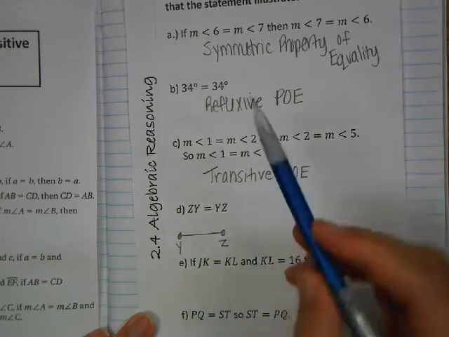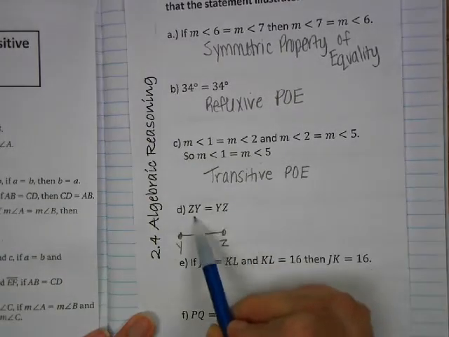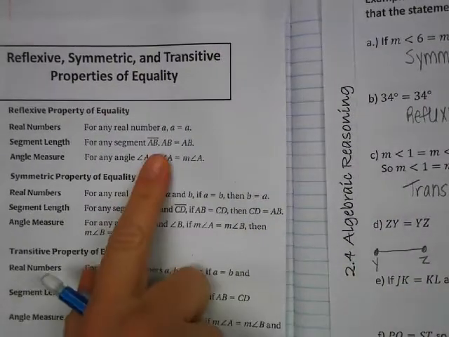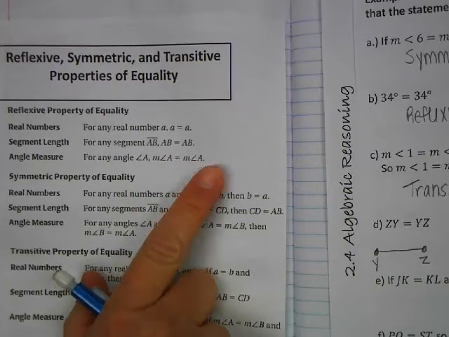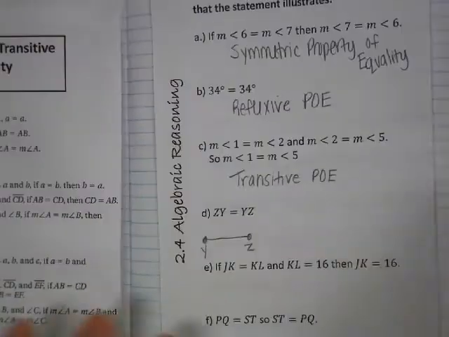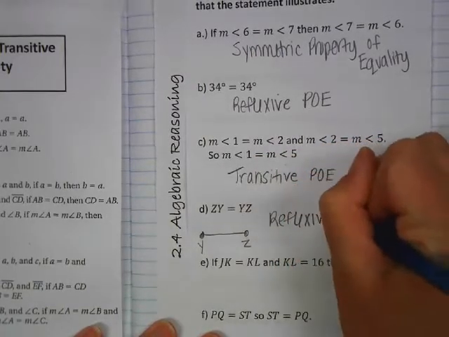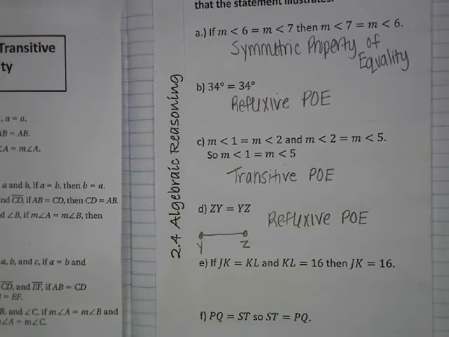They're the same segment. So the property that says that a segment is congruent to itself is the reflexive property. So D is reflexive, because segment ZY and segment YZ are the same exact segment.